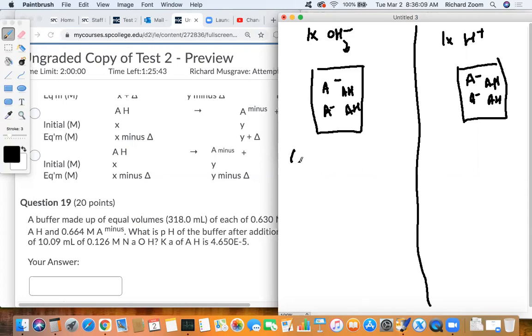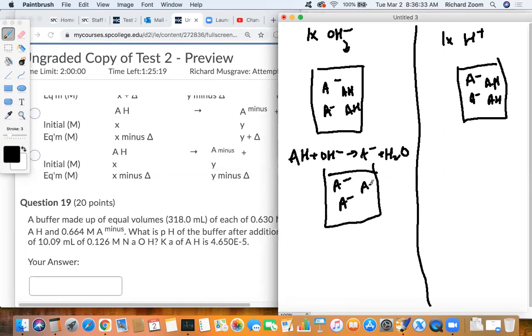So the reaction that we're going to see in the first instance will be AH plus OH minus gives A minus plus H2O. And what's going to happen there is only one of those AHs is going to react, and we're going to be left with A minus, A minus, A minus, and AH.